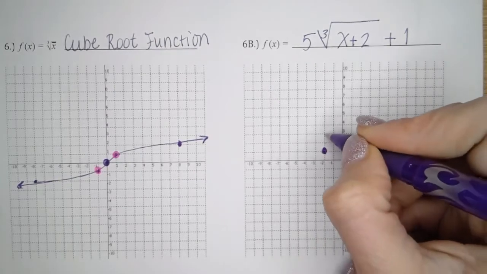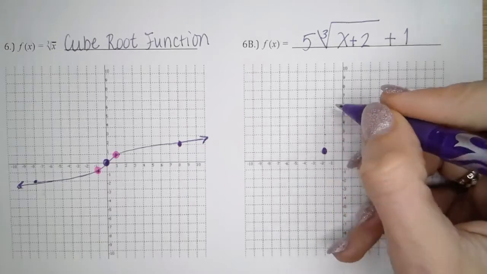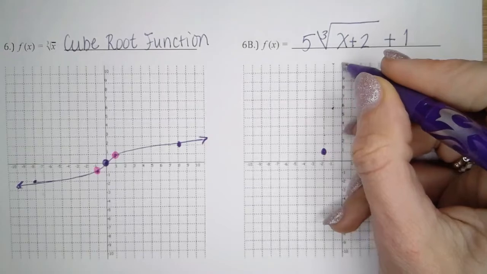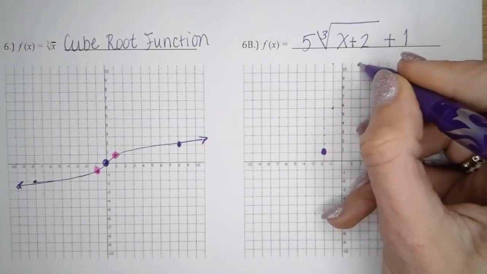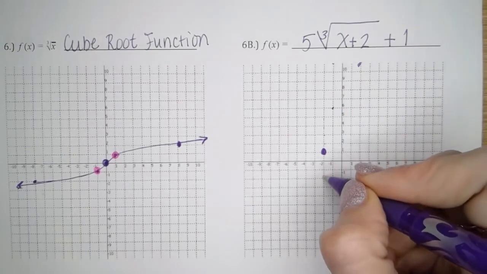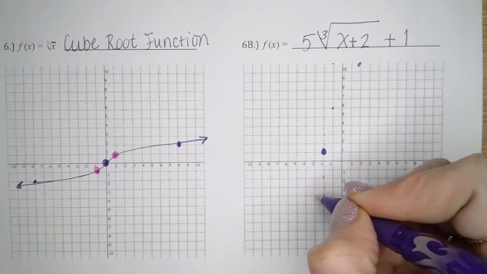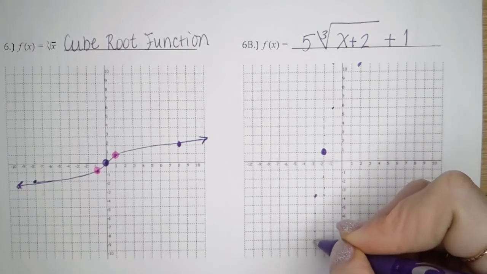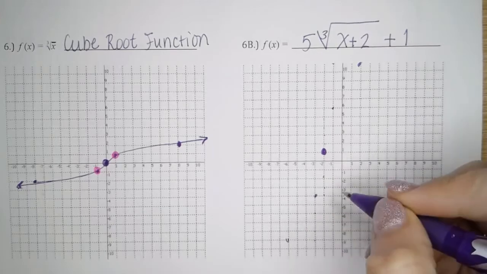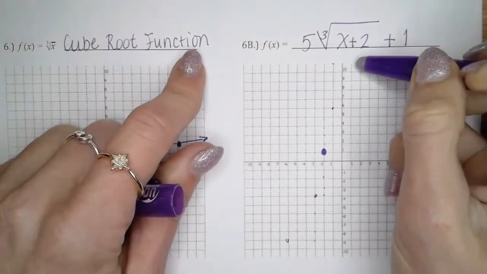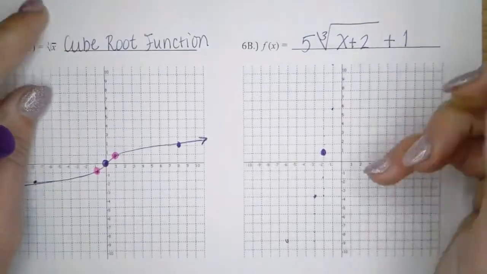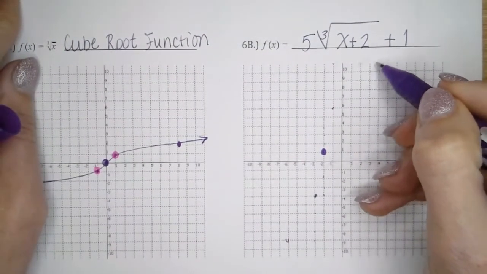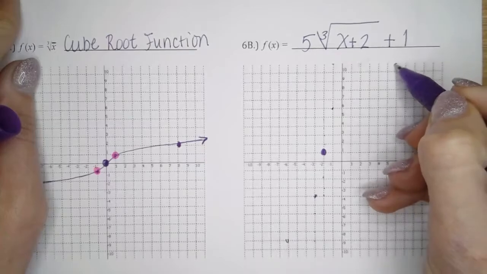Up 5, 1, 2, 3, 4, 5, over 1, up 5, over 1, down 5, over 1, down 5. Oh, I didn't mean 3. I lied. It's supposed to be 7. So that 3 over should be 4 more: 5, 4, 5, 6, 7.